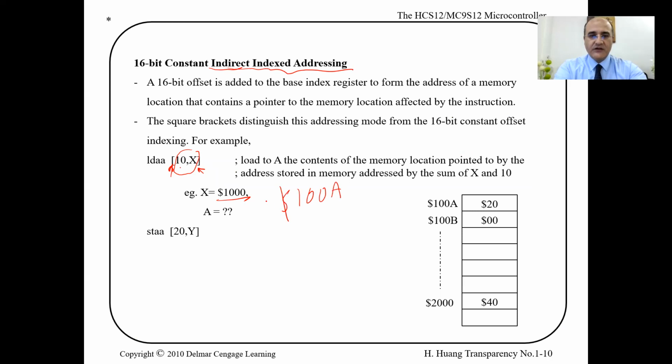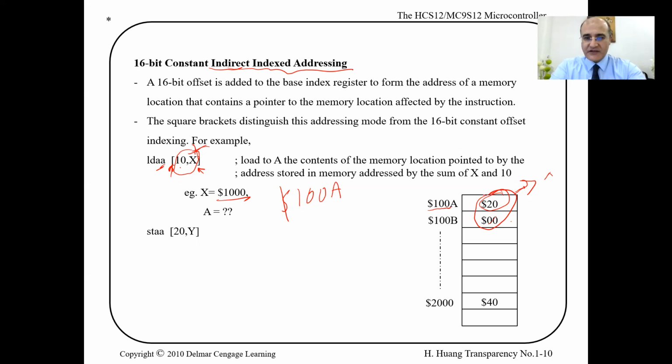Here, the offset plus X. 100A is a location that has this number, 100B is a location that has 00. We don't get that 2000 as our operand. This is not what we're going to load to A.